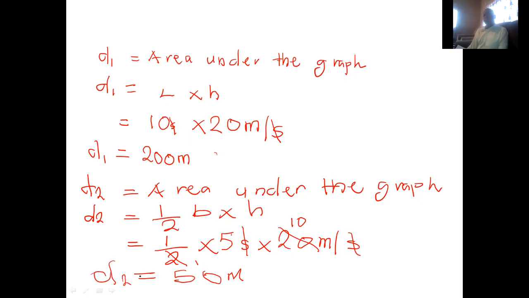And so the total distance will be gotten by adding distance 1 and distance 2.